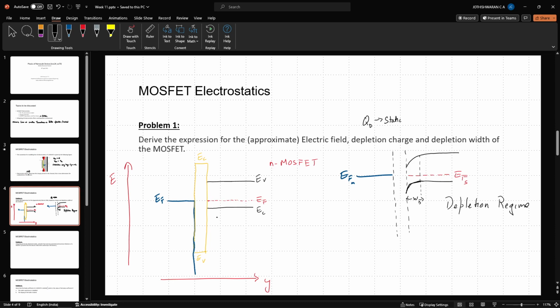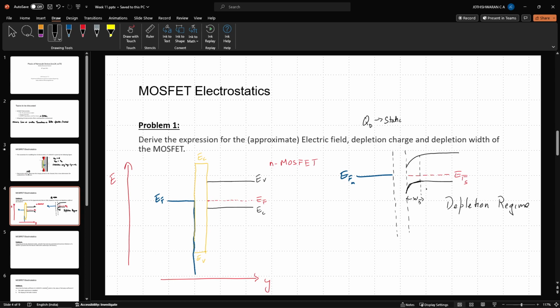This region is initially hole rich, which implies there were electron deficient atoms present over here. As more and more electrons come in, those extra electrons occupy the vacant sites created by the acceptor atoms. Now the acceptor atoms gain a negative charge, and since they are atoms, they are not mobile for the purposes of conduction, which is why they are static charges.